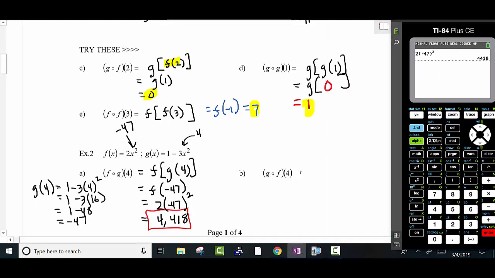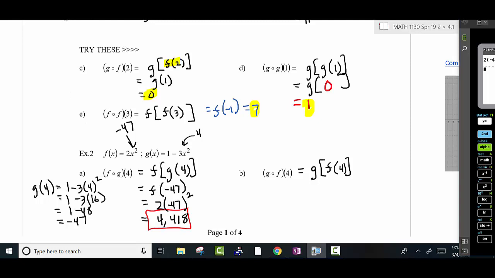Okay, the next one, I would start off, I'd always kind of write this step out like this, write that as G bracket f of 4. Okay, we're kind of just doing this backwards of the problem we just did. So if we're going to do f of 4, then what you need to do is just plug in the 4 into the function called f. So you need to do that first.